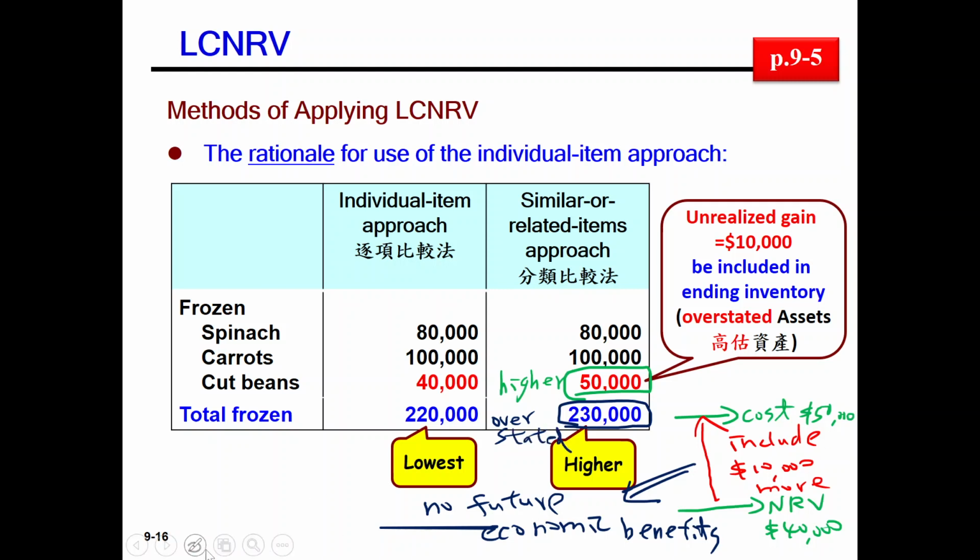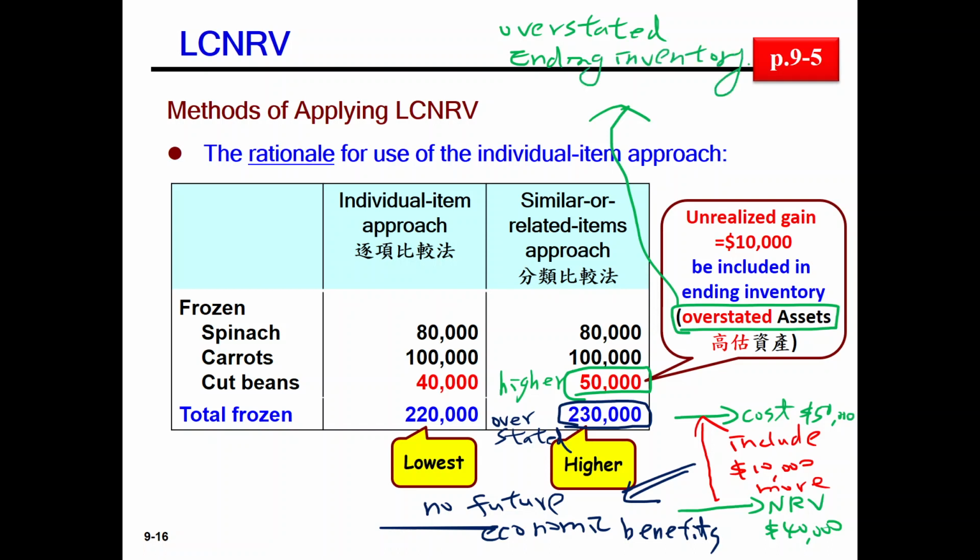This number is overstated because it made you include $10,000 with no future economic benefit. You overstated assets and the inventory because you include $10,000 with no future economic benefit.